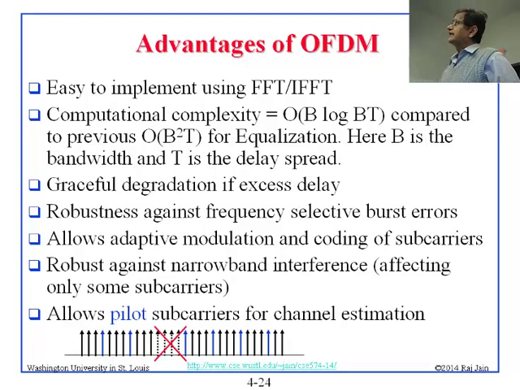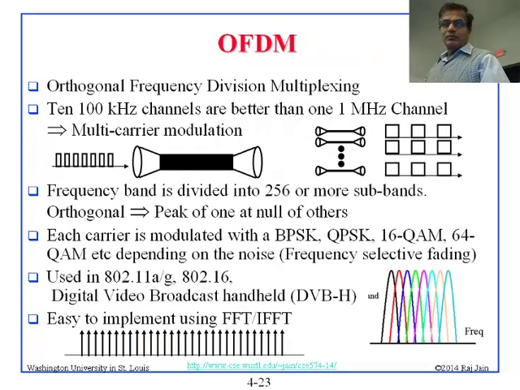Computational complexity is B log BT compared to the order of B square T for equalization, where B is the bandwidth and T is the delay spread. Now let me explain this whole thing. So B is the width. When you have a signal that is so wide, you have to equalize it.